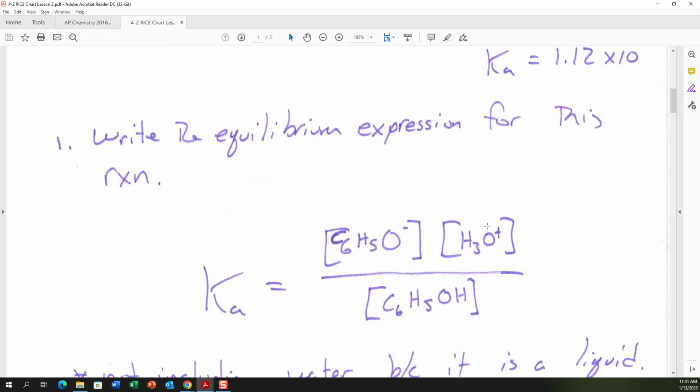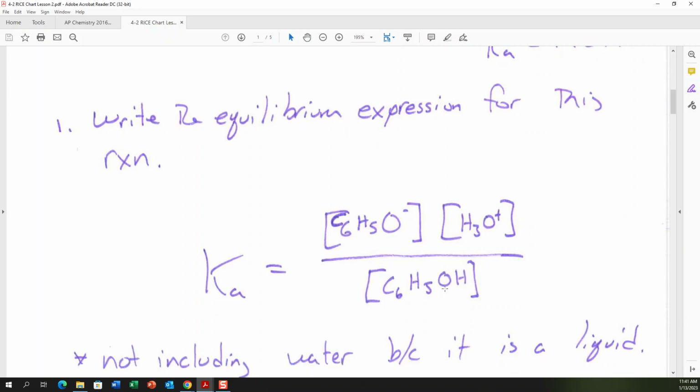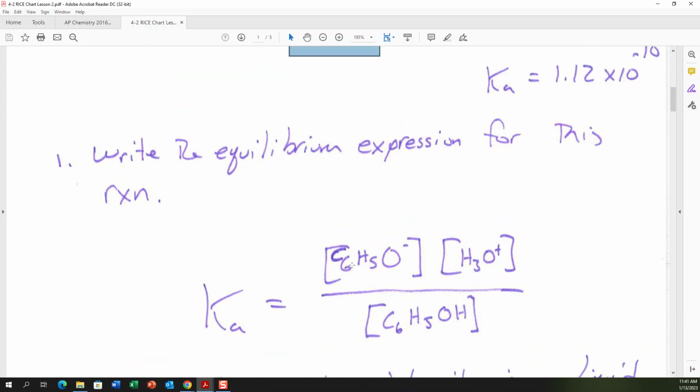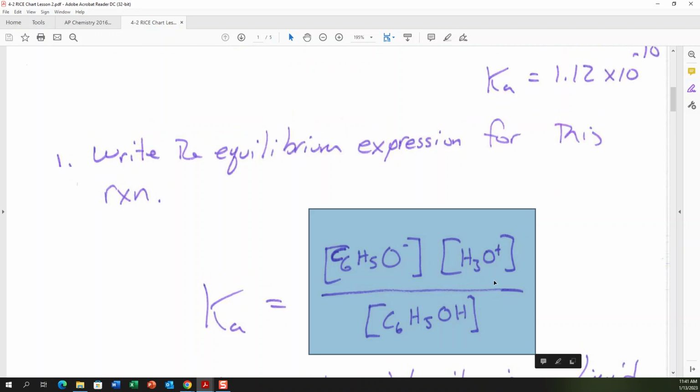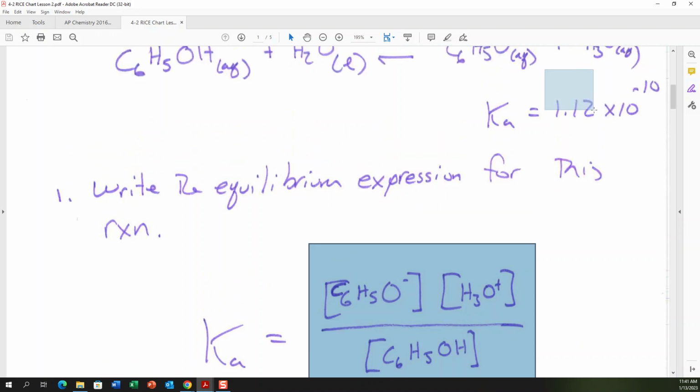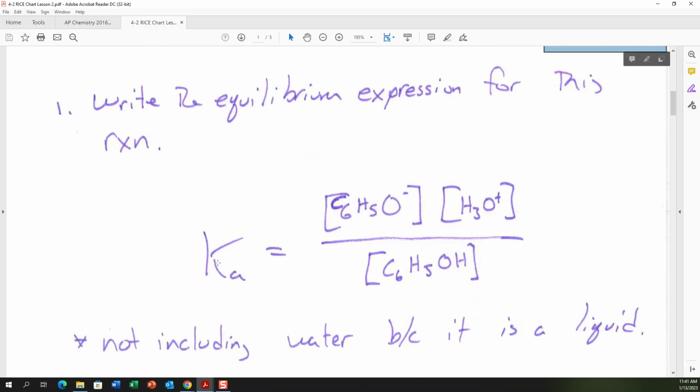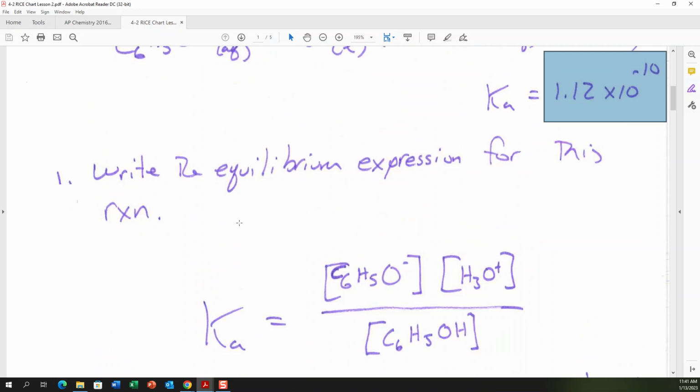So [C6H5O minus] times the hydronium concentration over this acid's concentration. And now remember, we know what this expression is equal to. It's equal to the Ka, and we know what Ka equals. So if you want to, you could just put that number in for Ka. So that number, 1.12 times 10 to the negative 10, equals this expression.